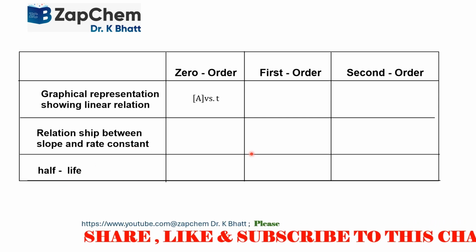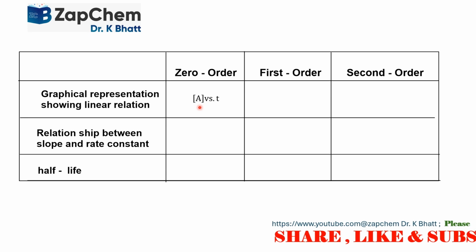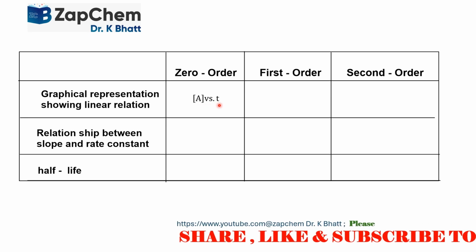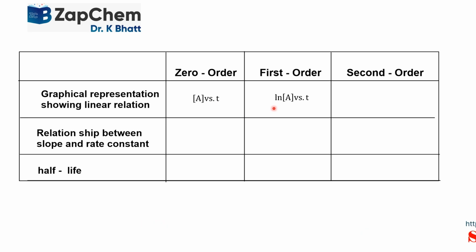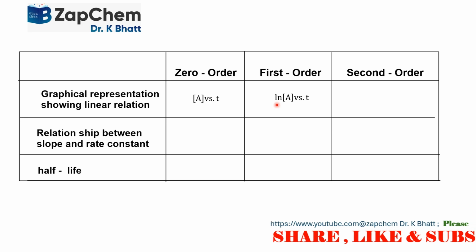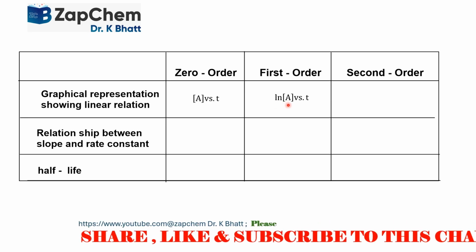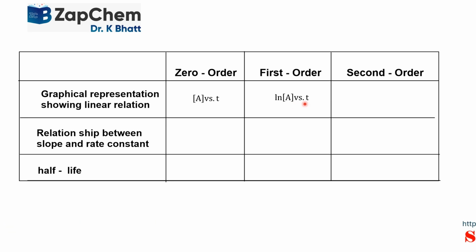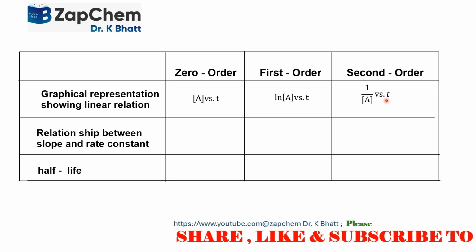For zero order, as we have learned earlier, we plot concentration of the reactant versus time. For first order, we plot log, it may be natural log or log to the base 10, of the concentration terms with respect to time. For second order, it is 1 upon concentration versus time.